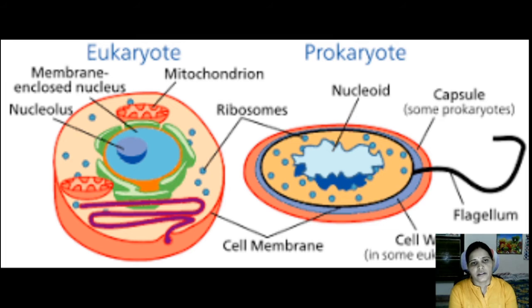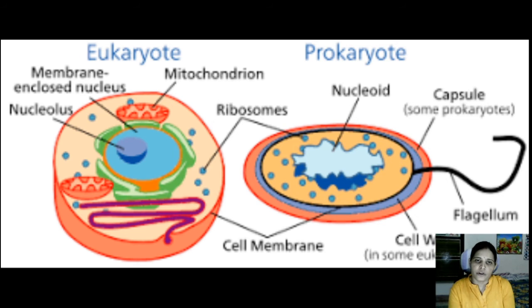The main important part is the nucleus, and inside the nucleus there is another dense particle, that is the nucleolus. Nucleolus is responsible for the synthesis of RNA. Then you can see here mitochondrion and endoplasmic reticulum, Golgi apparatus, and ribosomes.